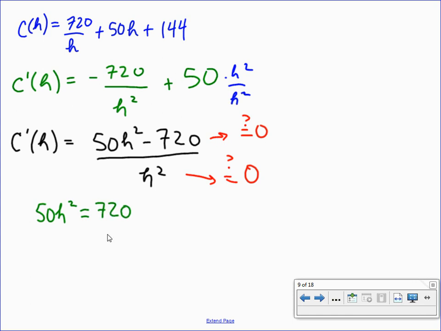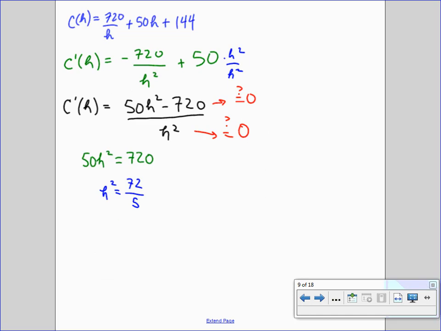That would happen when H squared equals 72/5, which in turn would happen when H equals the positive or negative square root of 72/5. Since H is a height, we can strike the negative value of H and keep my critical value of root 72/5.